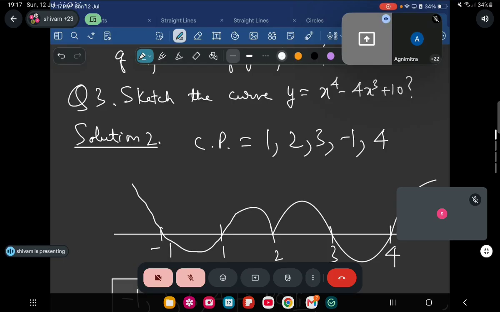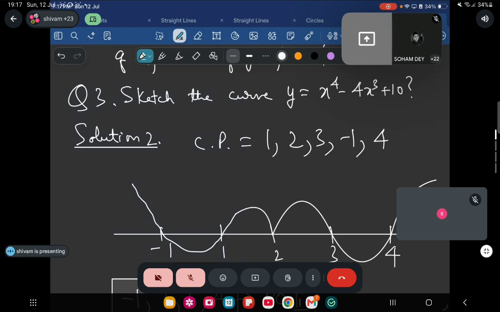Shamli, I needed the graph of the curve x to the power 4 minus 4x cube plus 10. You have just drawn a wavy curve. Okay, so let us start, everyone. Pay attention. Give a little time. Almost correct, but there's one thing you're missing.